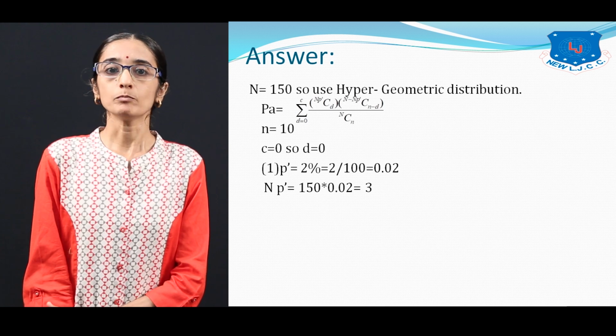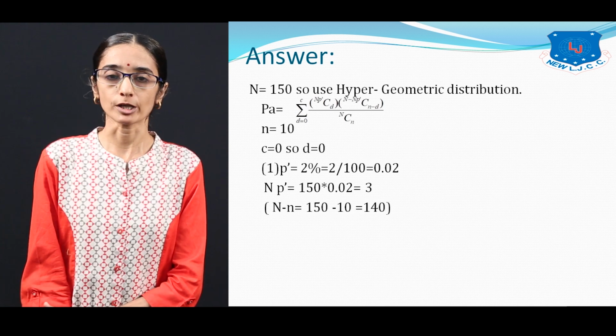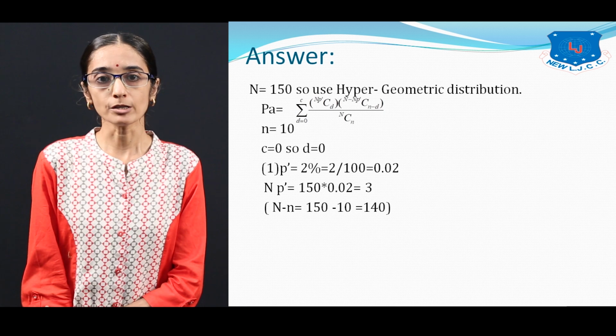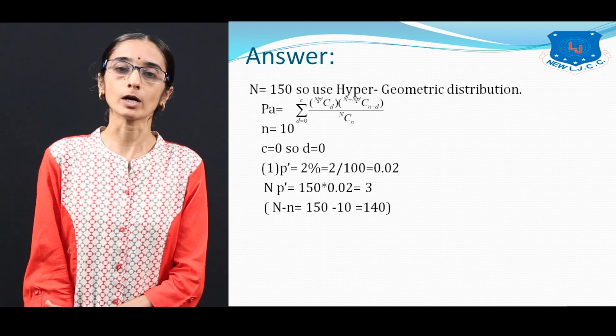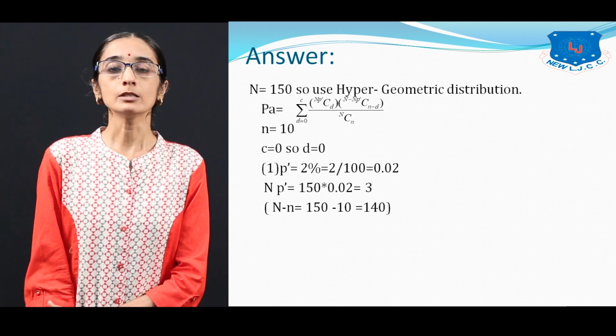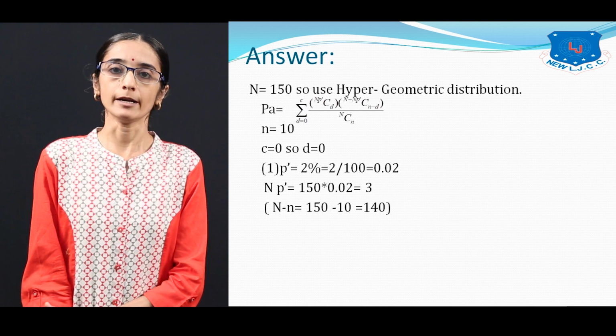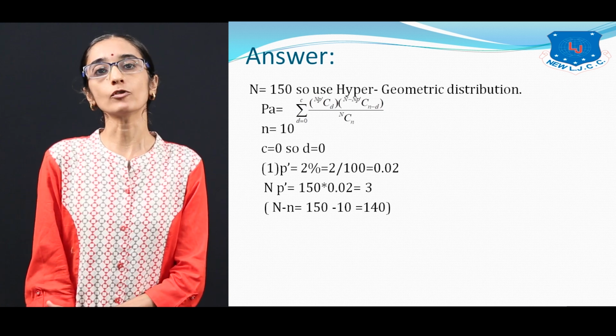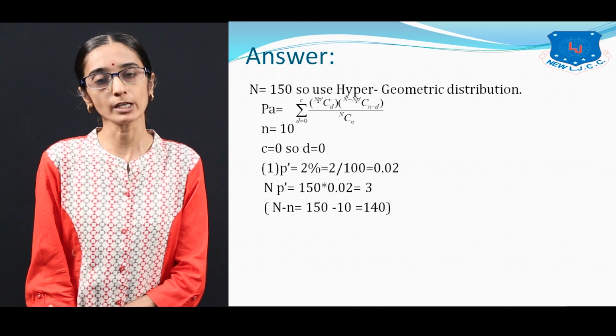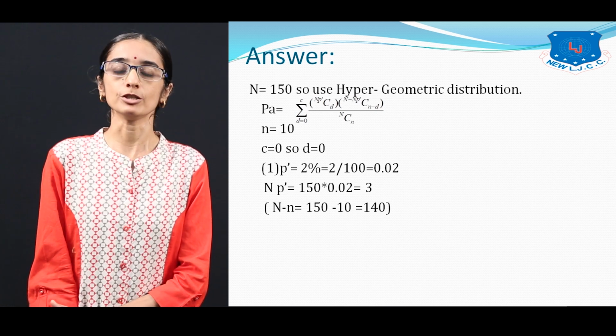Here capital N minus small n is 140. That means in the numerator we have to start from number 140 and reduce just 3 terms. In the denominator, we have to start from capital N, that is 150. Once again reduce 3 terms.